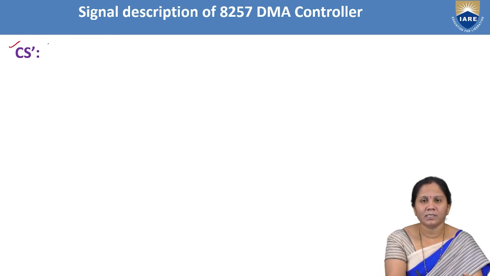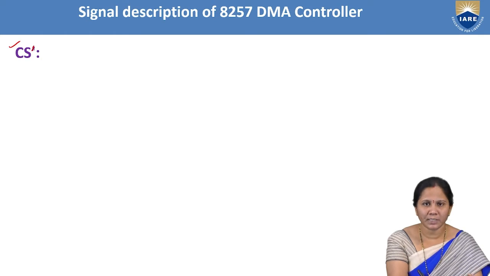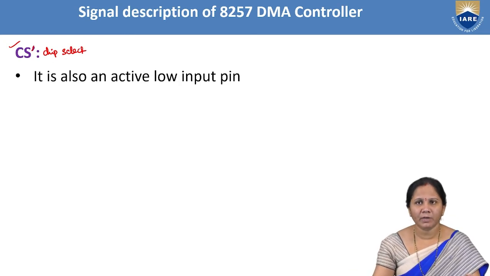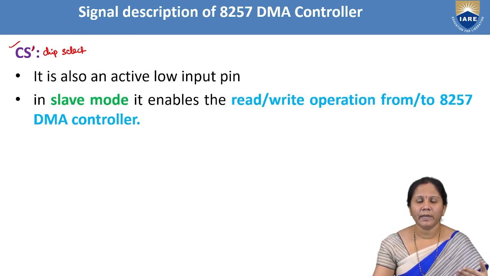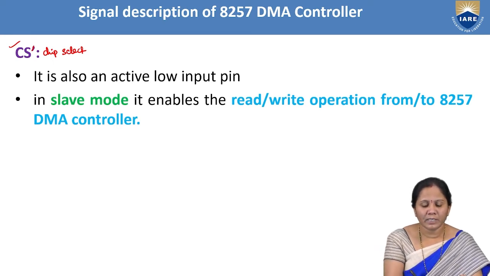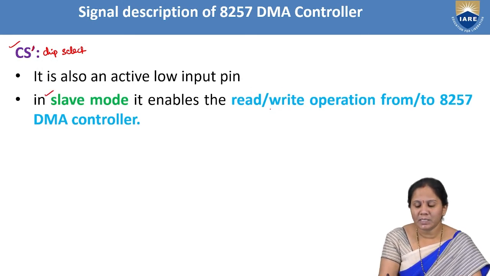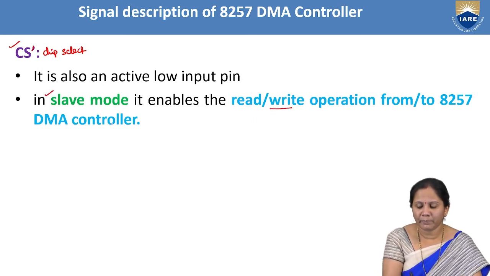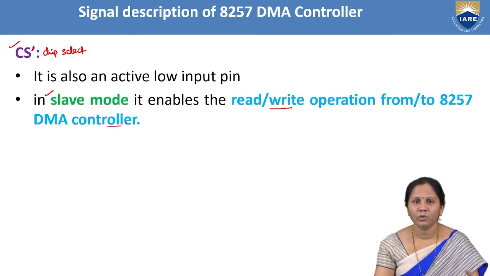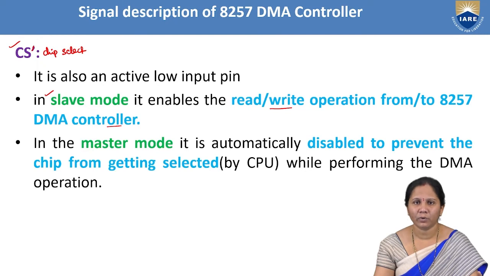And this is CS bar, chip select. It is also an active low input signal. When the signal is enabled, the 8257 DMA controller will be activated. When this 8257 DMA controller is operating in the slave mode, it enables read-write operation from or to the 8257 DMA controller.